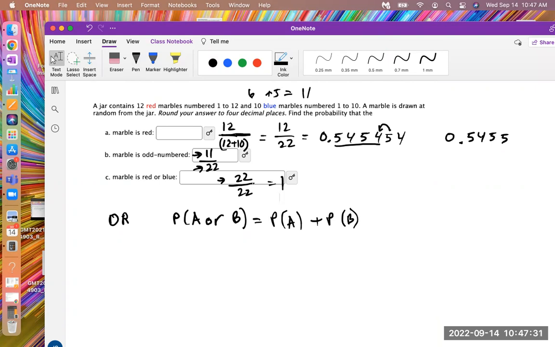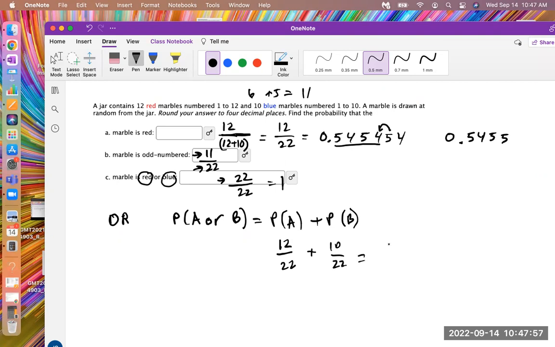But we could do it that way, or we could do it by finding the probability of A, which is 12 over 22, because let's say A is the event that the marble is red. And the event that the marble is blue, I'll write that P of B, that is 10 out of 22.